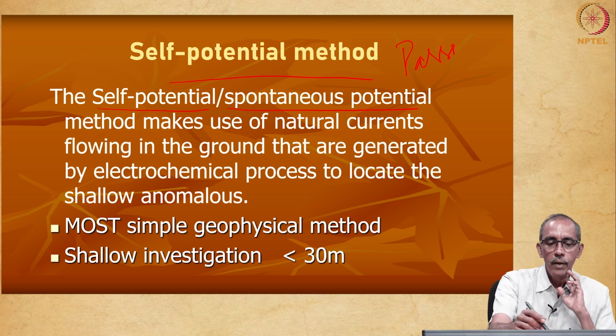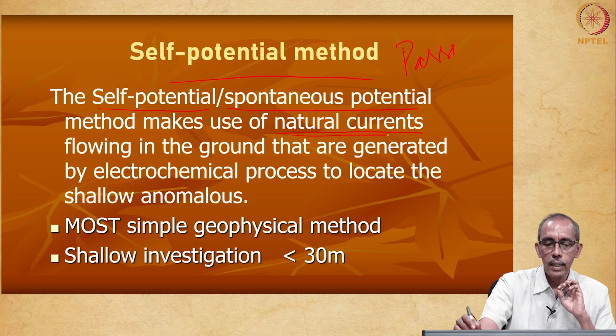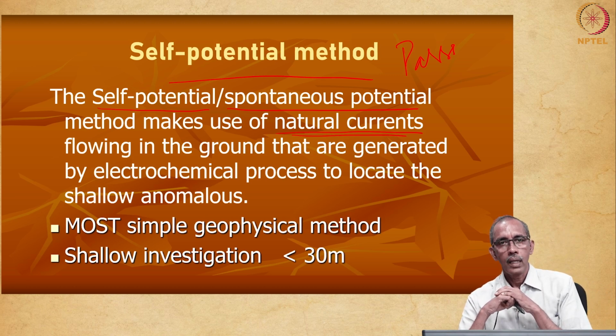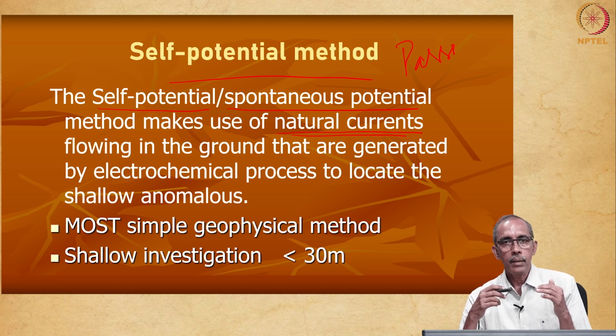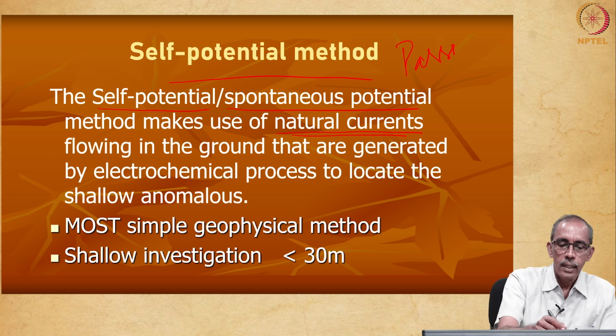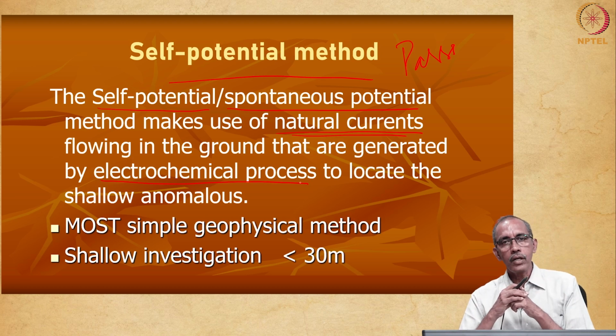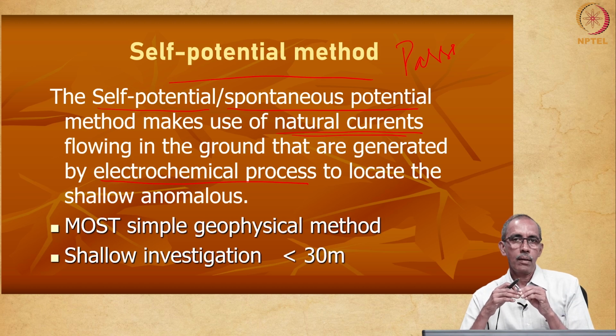Here we are going to measure natural currents flowing beneath the surface of the earth, which means the current is naturally generated below the surface of the earth. How does it get generated? It is generally generated due to changes in the electrochemical processes below the surface of the earth. So, this is what generates self-potential.